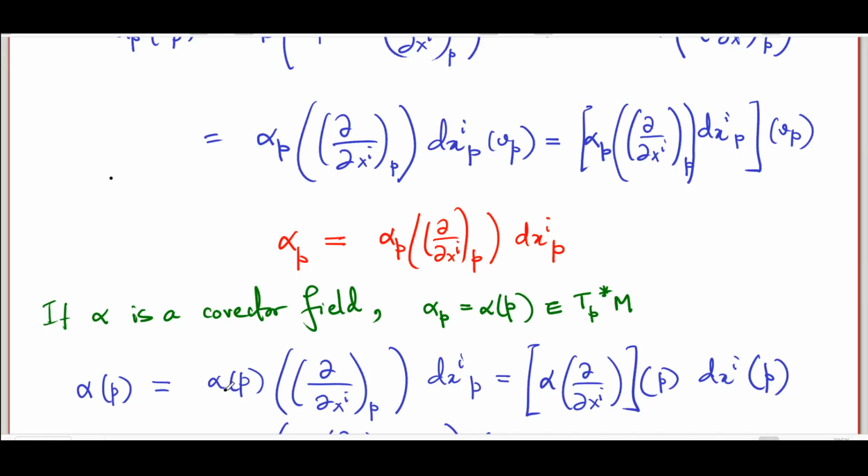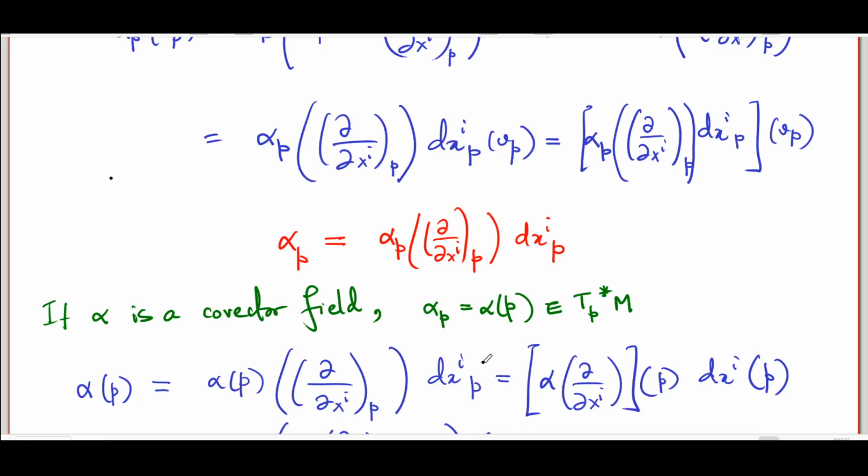Now, notice that this result is the same as alpha acting on del xi at the point P. This exactly is how the action of a covector field on a vector field is defined. You essentially take the value of alpha at that point and del xi at the point and apply one on the other, which is what has been done on this side.